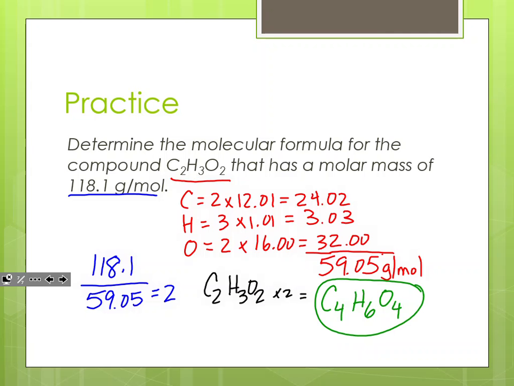So that would be the molecular formula calculated using the molar masses. There will be one problem like this also on your quest. Make sure that you are able to calculate these. And they show up on the SOL as well.